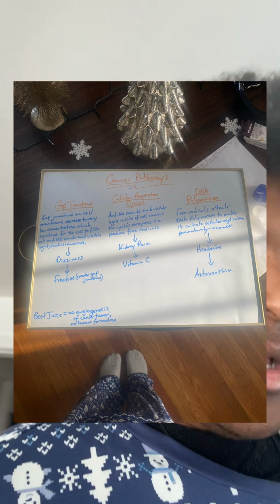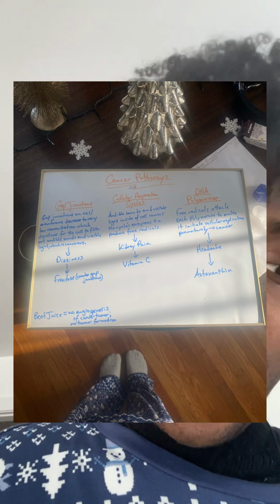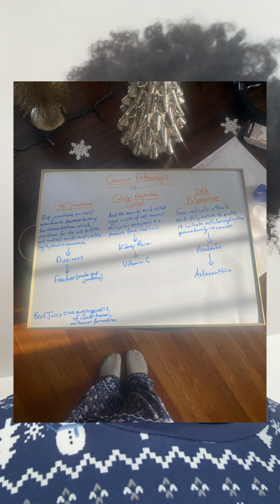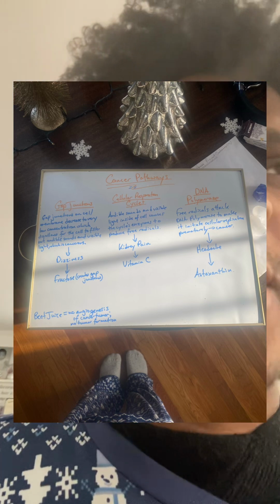Let's talk about it. The first pathway is called gap junctions. You should see a title that says gap junctions. In cancer, there are 3 pathways.